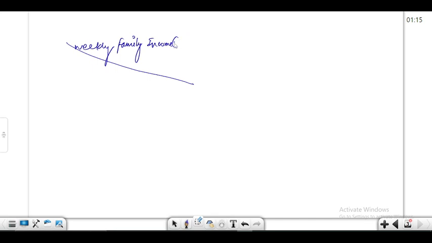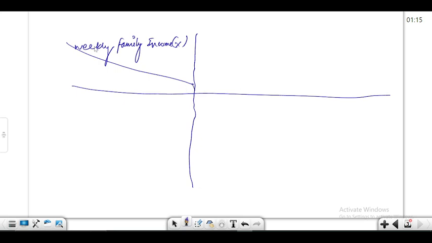So this is your weekly family income, and this is your weekly consumption expenditure. So this is your y variable.